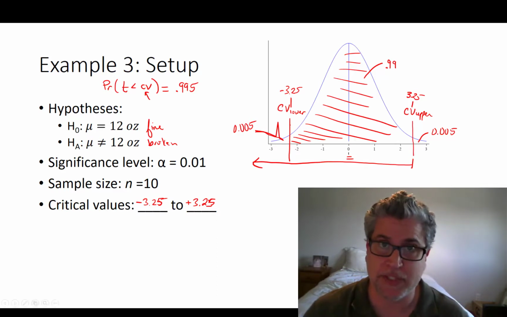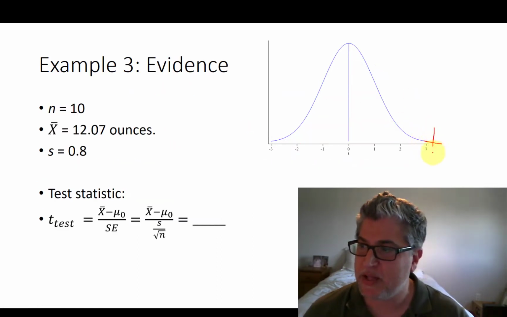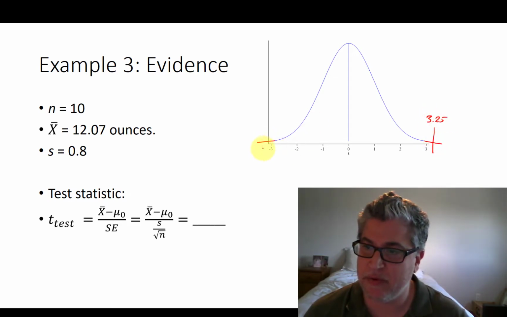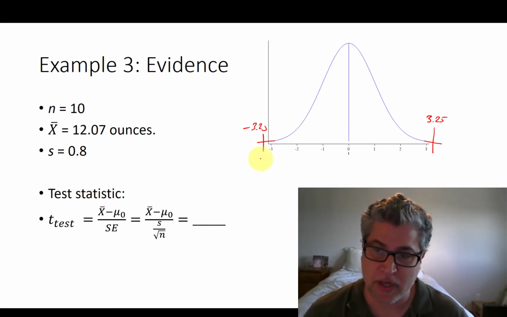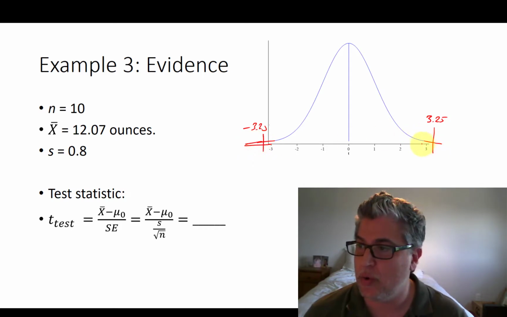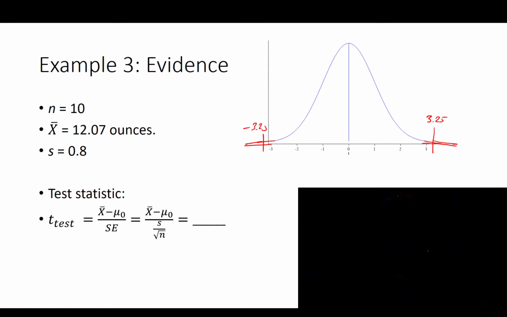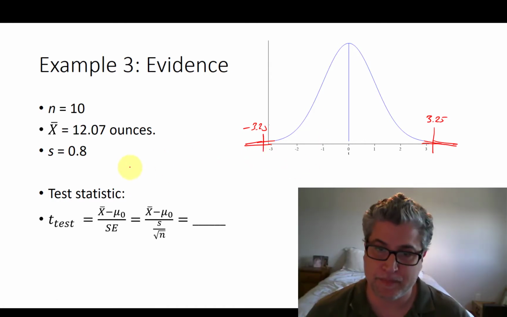All right, so let's keep working. Our critical values, we said, were 3.25 and negative 3.25. And now it's up to us to figure out where the test statistic is. Is it in the rejection area, out in those tails, or is it in the acceptance area? All right, so let's construct our test statistic.